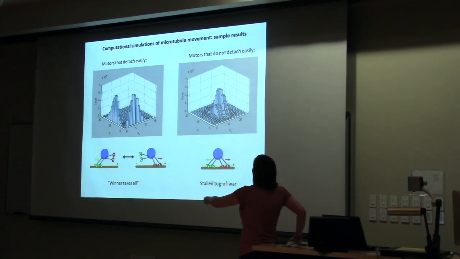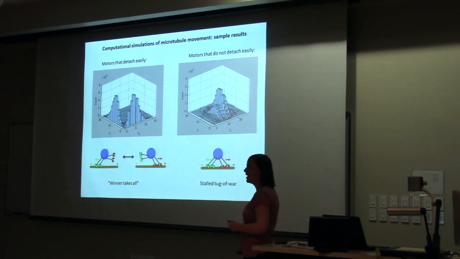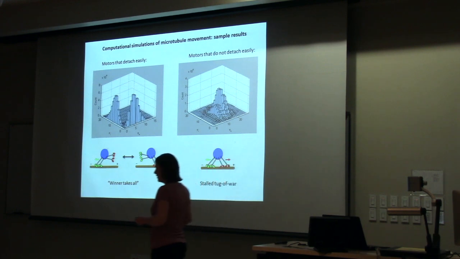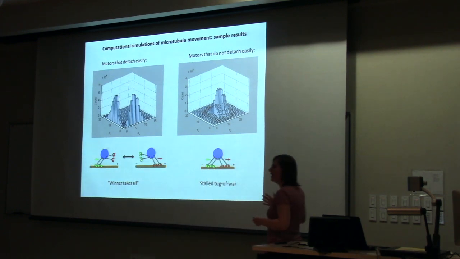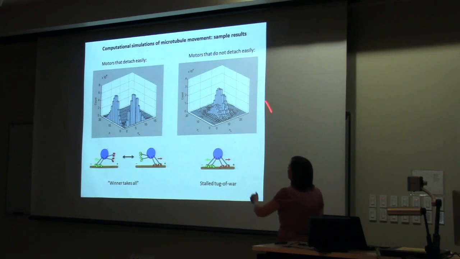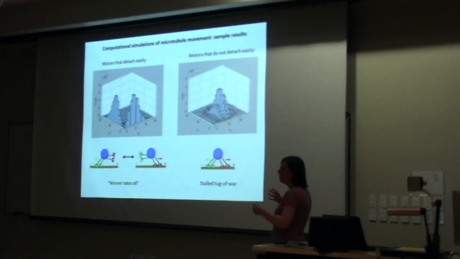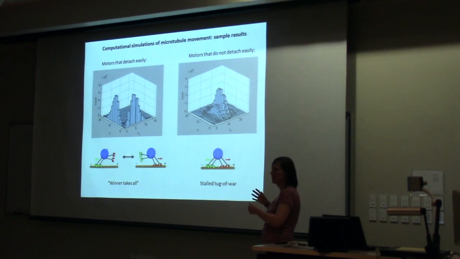So this regime of behavior would be characterized by long pauses interspersed with short movements and then more long pauses. So the point here is that the model can predict regimes of behavior that have distinct characteristics that we could then compare with the experimental data to see what's really going on.